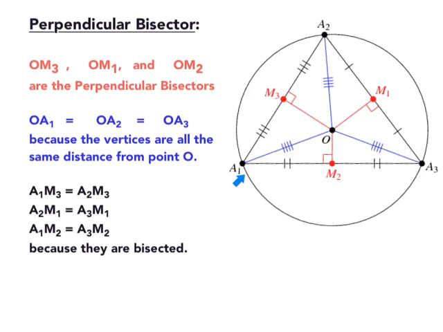And last, A1 M2 and A3 M2, those are all congruent to each other. So you can see that the midpoints are cutting each side in half. Now one more thing. A1 M3 is not equal to A1 M2, and it's not equal to A1 M1. Each side is its own segment and it's cut in half by its own midpoint. So you can see that these two here are congruent.